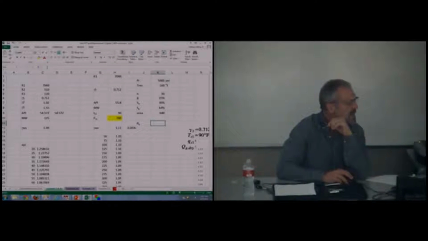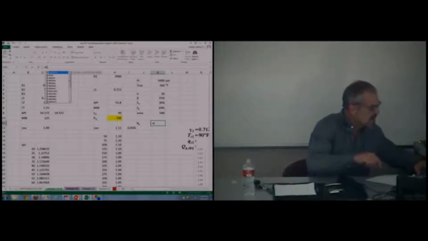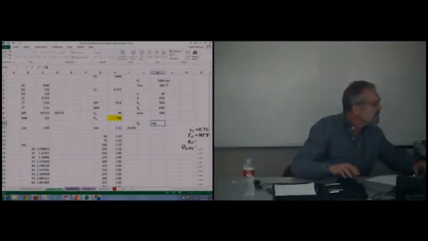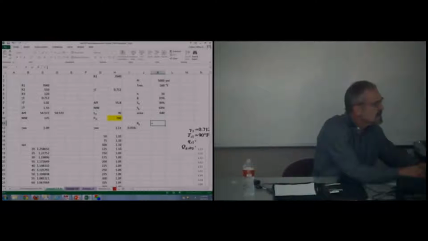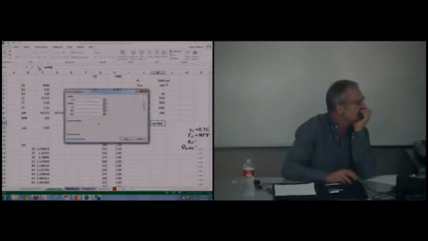Let's try. I'm trying to get my software. What were the symbols you were using? V, gas, BG, PI, initial version.